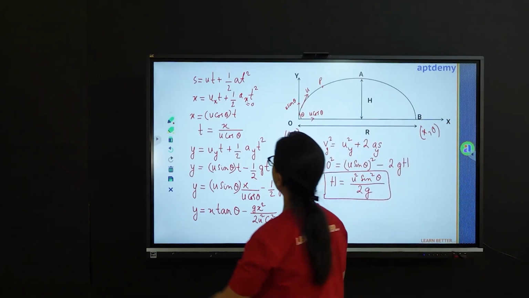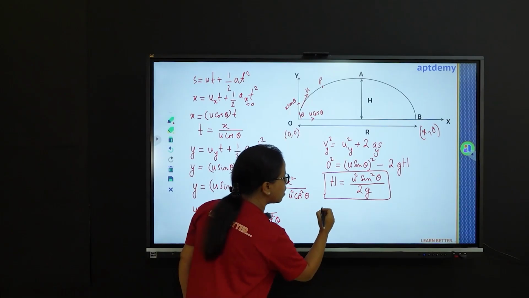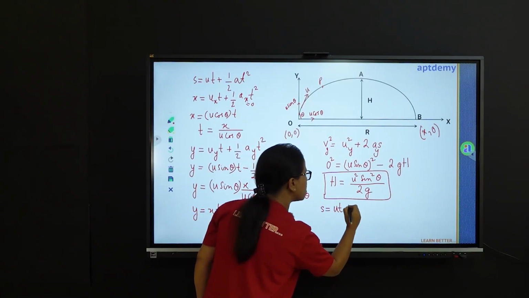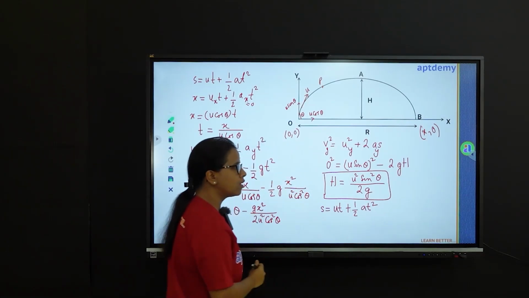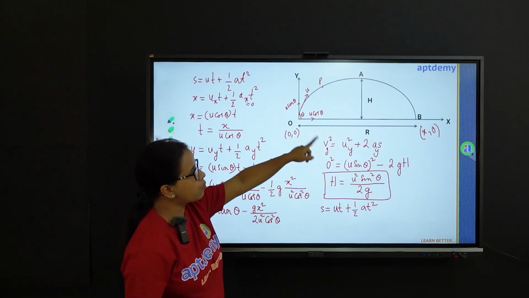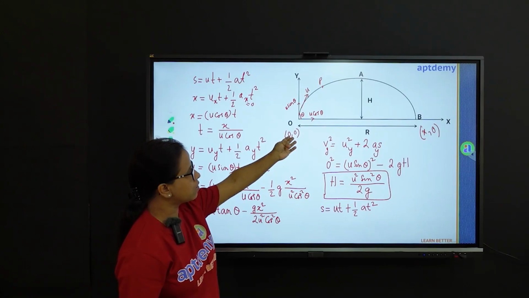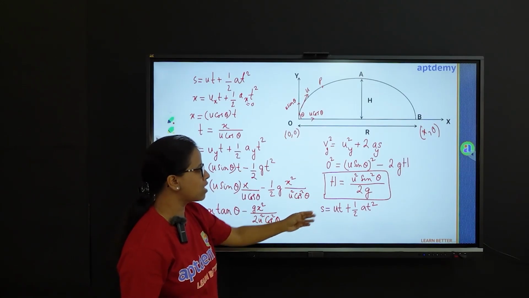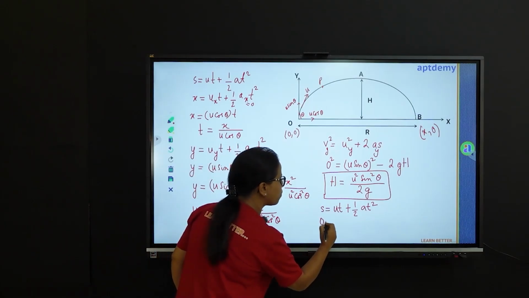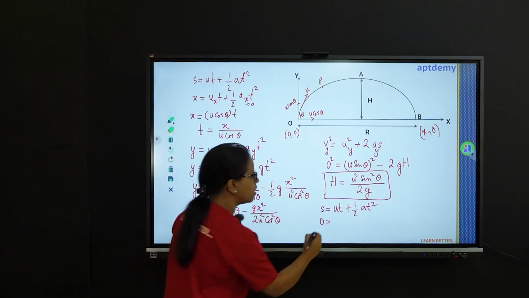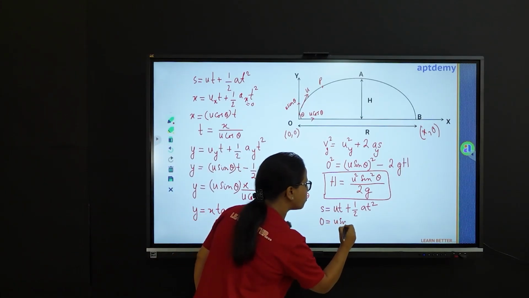Now when we try to find out the time of flight, we use the expression s equals ut plus half at square. Again the vertical motion is involved here. So this displacement in going from O to B, what is the displacement? There is no displacement, no y coordinate, a 0 y coordinate, which gives us s as equal to 0. What is the component of u in the y direction? It is u sin theta.